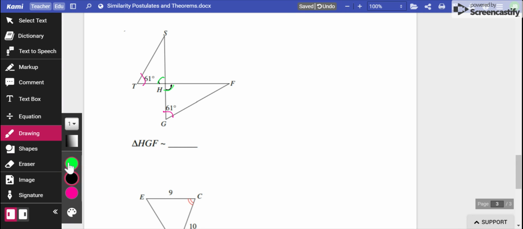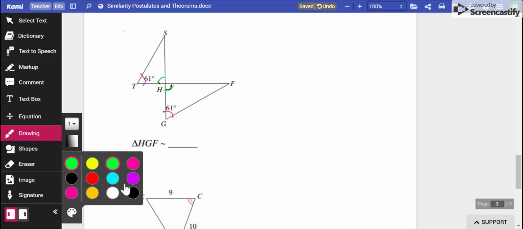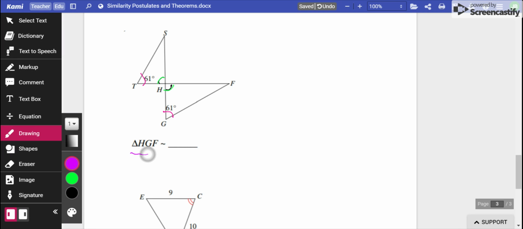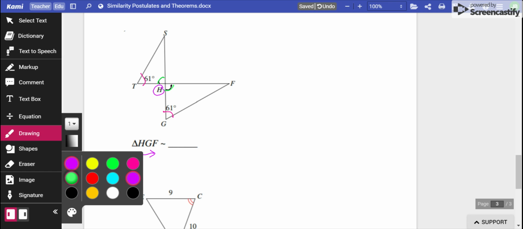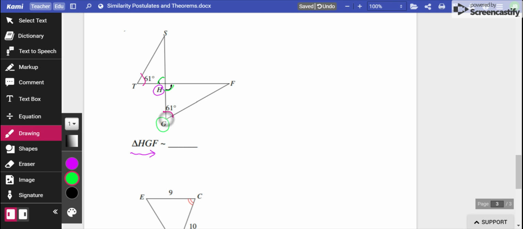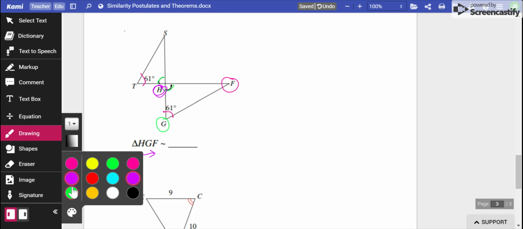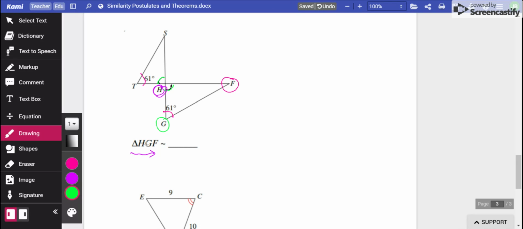So as you go around this, again, I'm going to try to label it with different colors here. Since they use HGF, they use H first, they use G second, and then they use F third. I've got to make sure I go around and use it in that same order. So H is first, G is second, so which one's G?